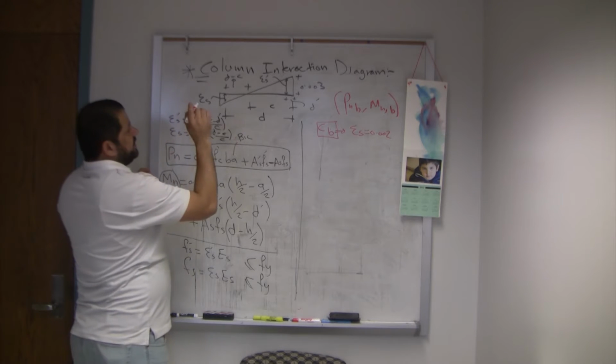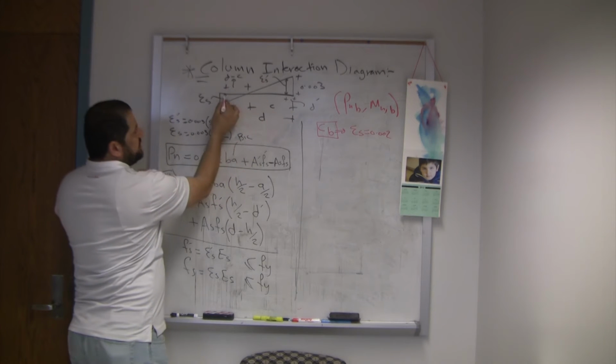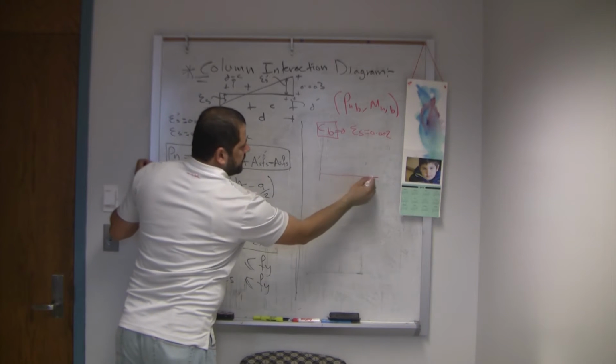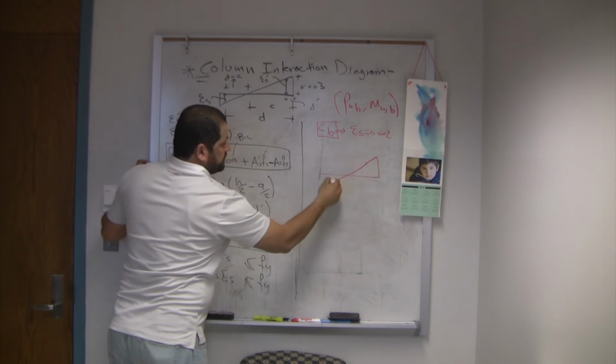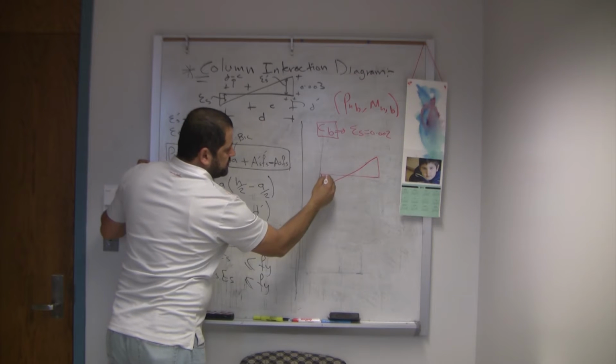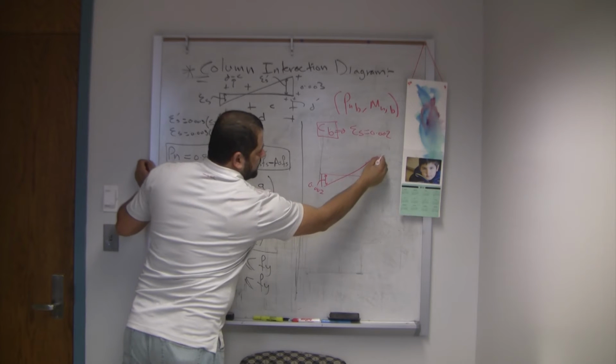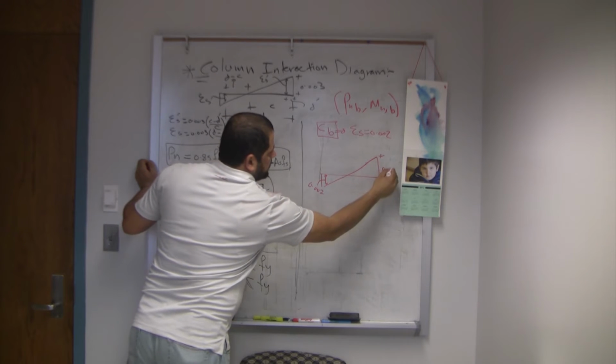Look, C balanced, this here is 0.002. You will have the following. This is, as we said, 0.002, and this is 0.003.